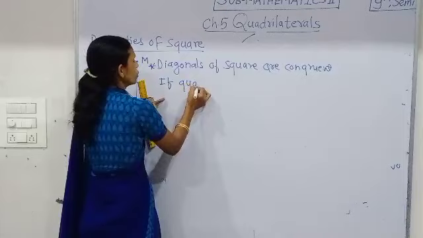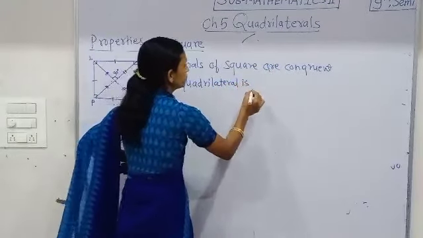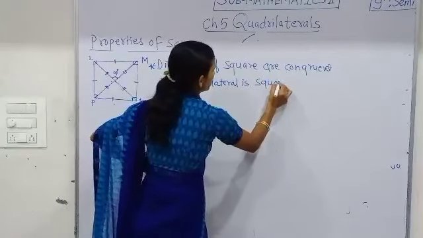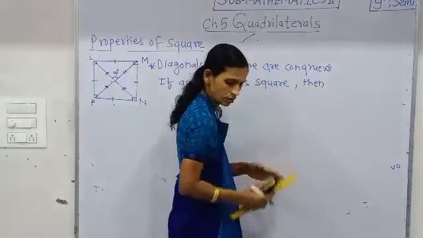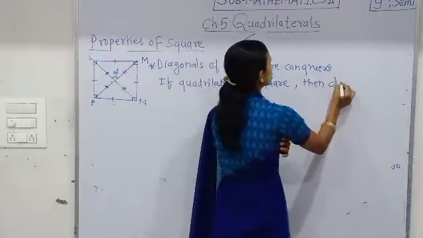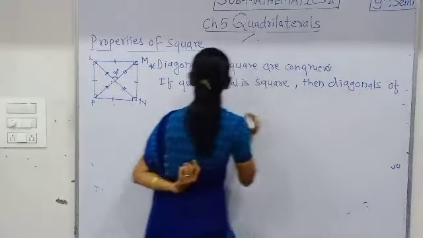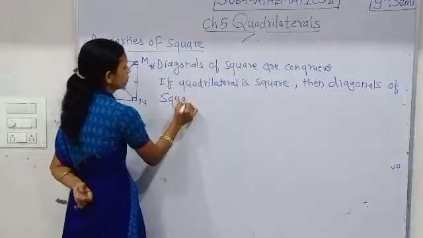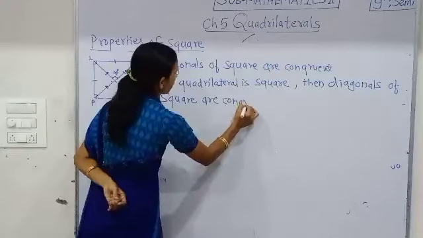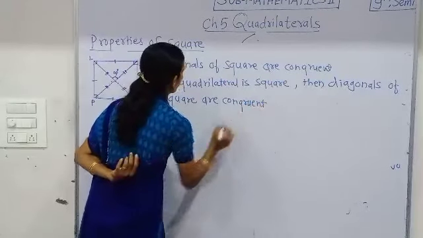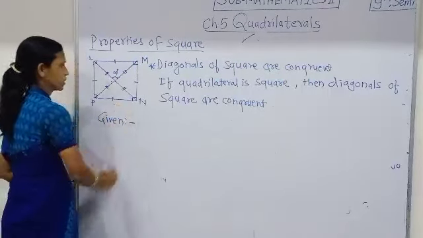If the quadrilateral is a square, then the diagonals of the square are congruent.